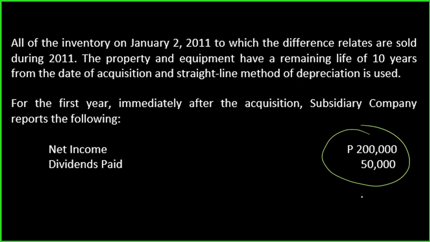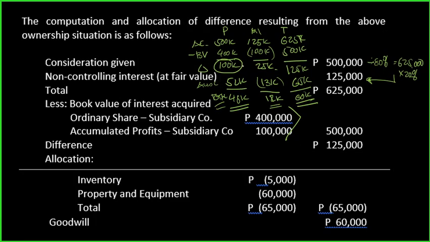Ganito kasi yan. Para saan ba itong 100,000 na to na difference? 52,000 for the allocation and 48,000 for the goodwill.